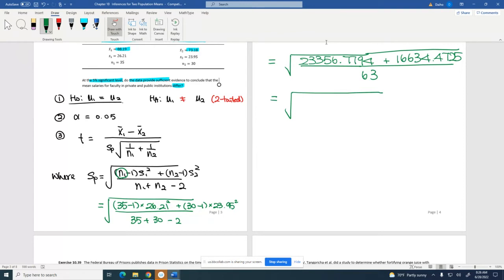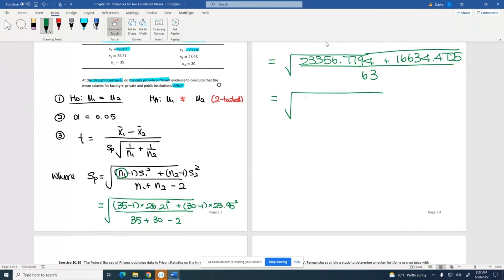When you do more practice, the calculation will be faster and faster. But now, please take your time and go part by part. Let me take the numerator, the addition: 23356.7794 plus 16634.4725.